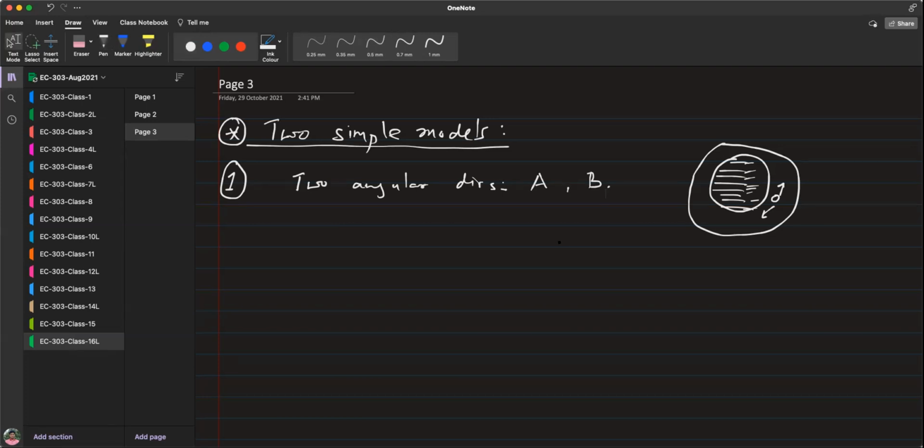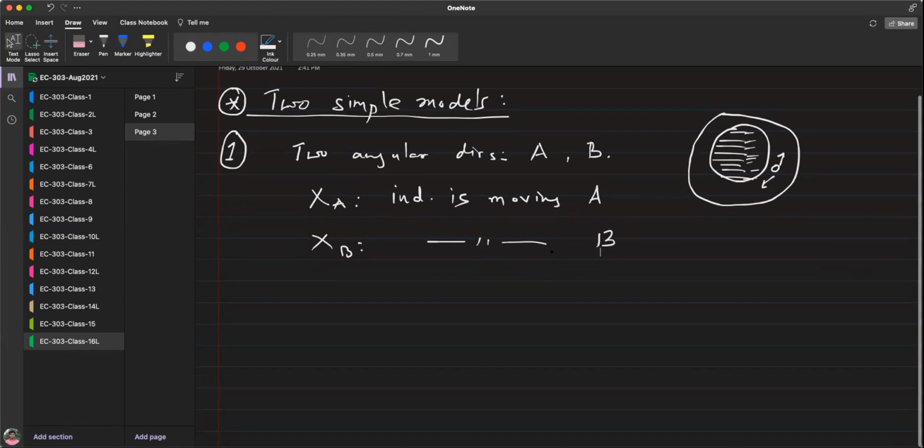Let us denote XA to mean that an individual is moving in the A direction, and XB that an individual is moving in the B direction.